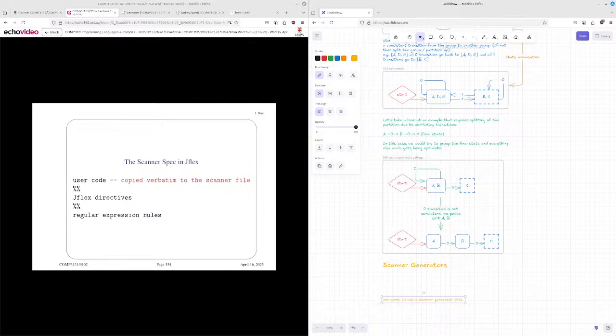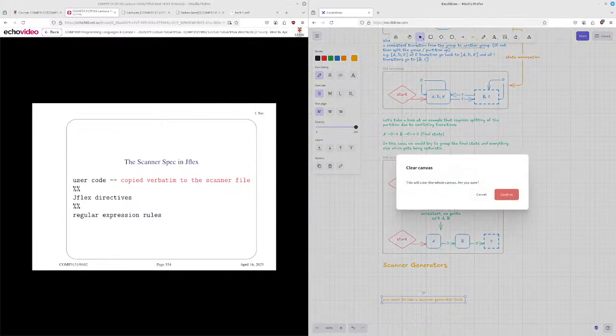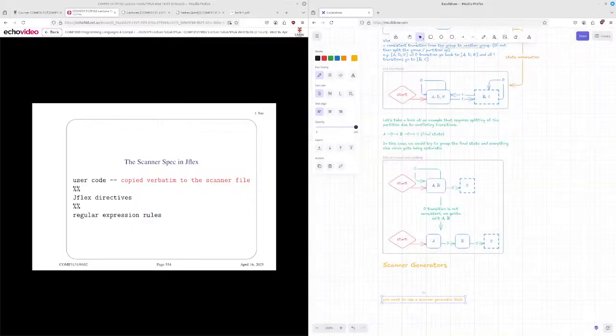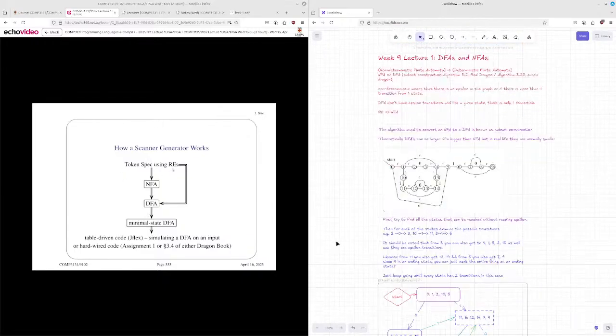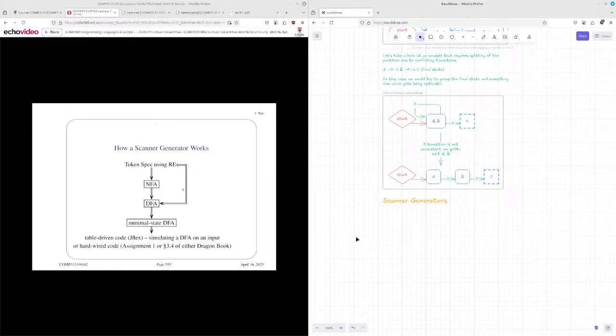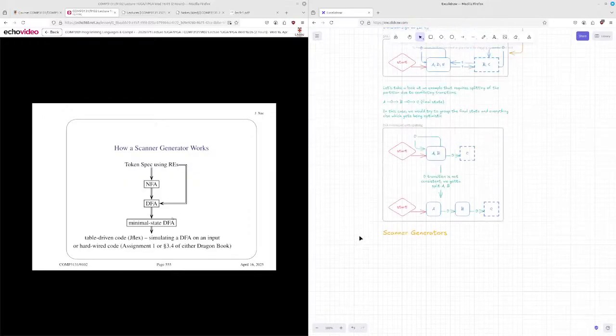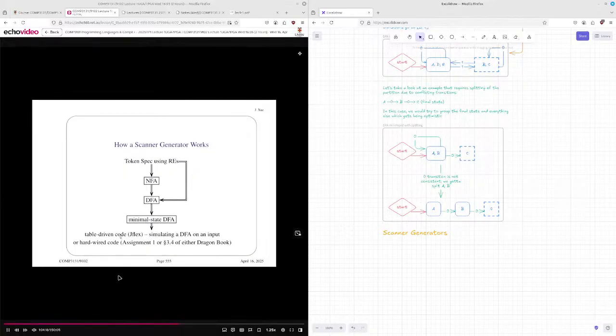All you have to do is define all your tokens using regular expressions. Once you have done that, the scanner generator will take your regular expressions, build an EFA, DFA, minimal state DFA. Then it's going to generate a sort of table-driven implementation for doing lexical analysis.